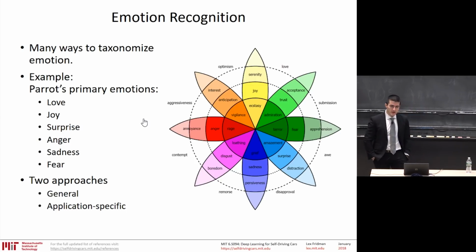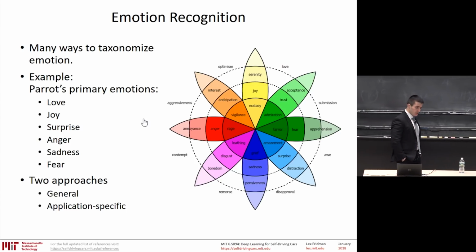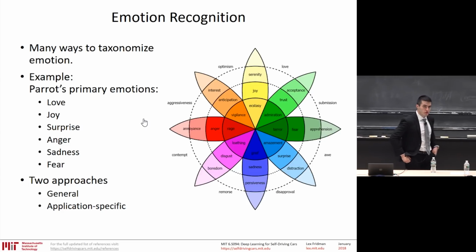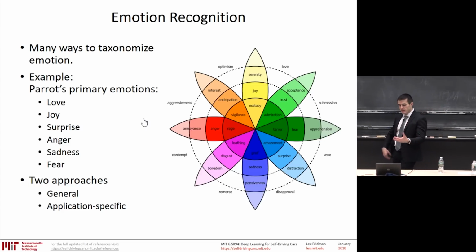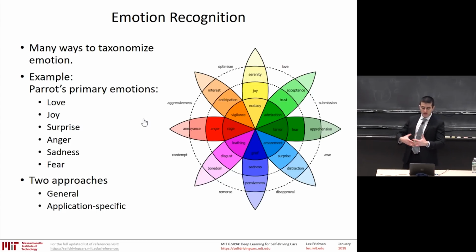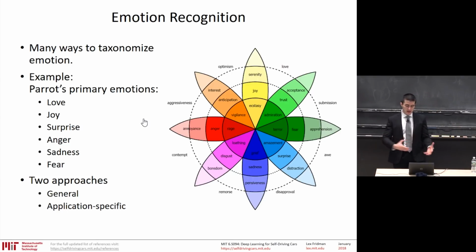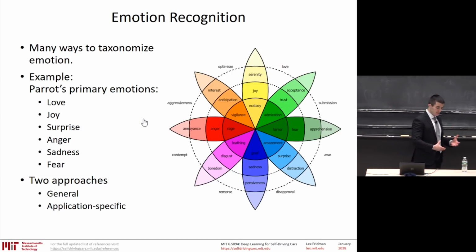And the way we think about it in the driving context, at least, there is a general emotion recognition task. I'll mention it, but it's kind of how we think about primary emotions, detecting the broad categories of emotion, of joy and anger, of disgust and surprise.